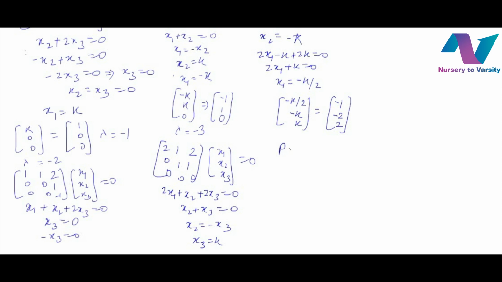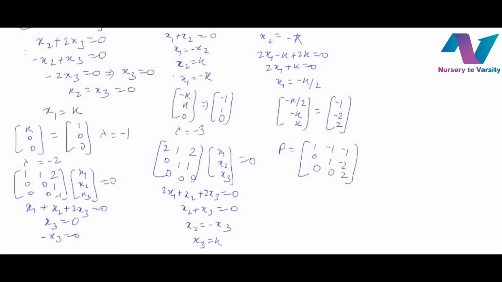So we can say our matrix P, the matrix of eigenvectors, becomes 1, 0, 0, minus 1, 1, 0, and minus 1, minus 2, and 2.